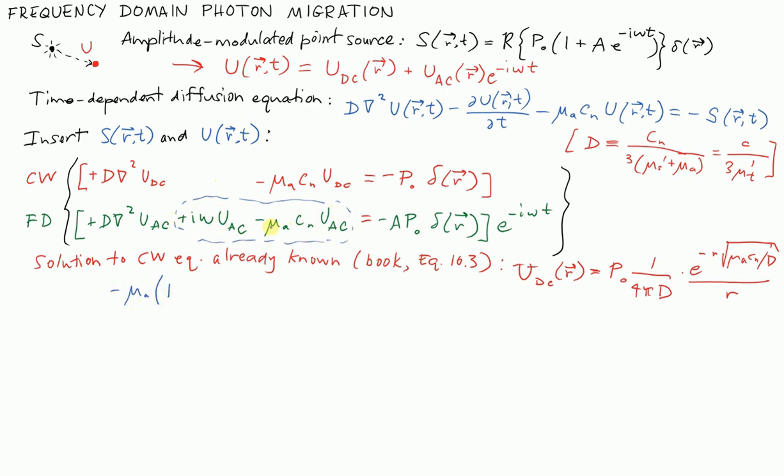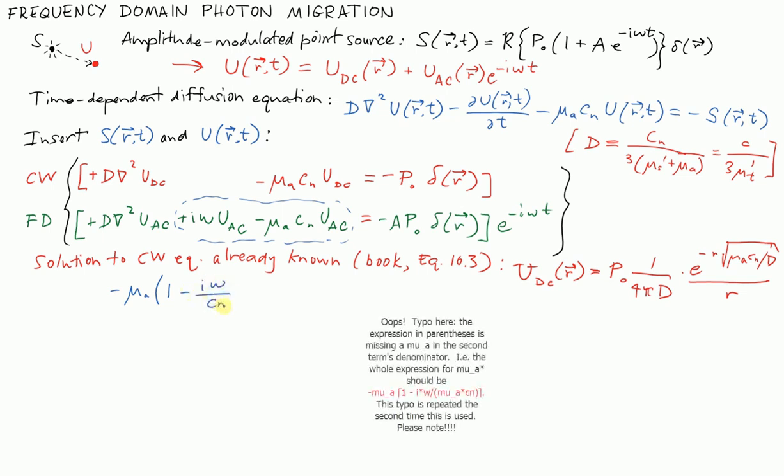That would be this term. This is just minus mu a times 1. This term is minus mu a times negative i omega over c n. That gives us the i omega here. So I'm just factoring out a mu a from both terms and rewriting them that way. And then I am left with a c n and a u AC here.